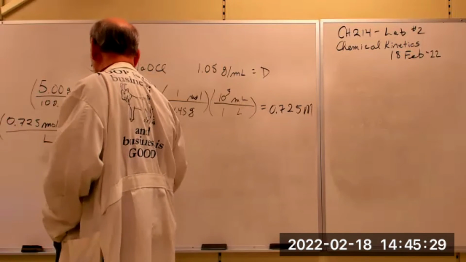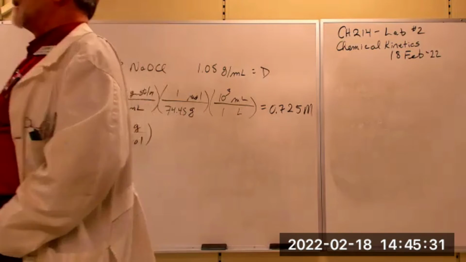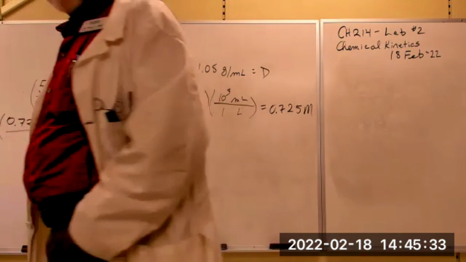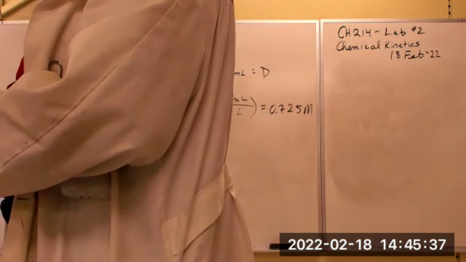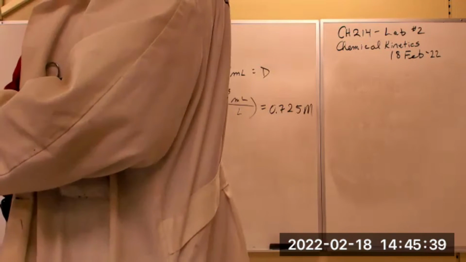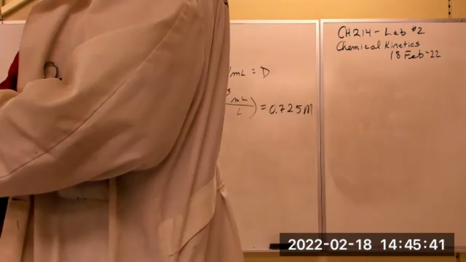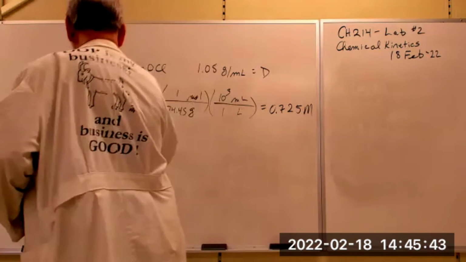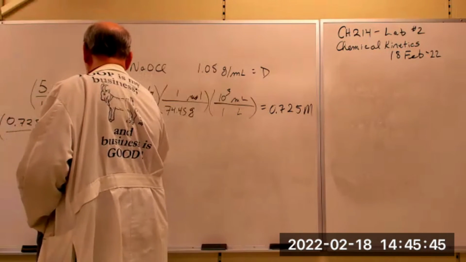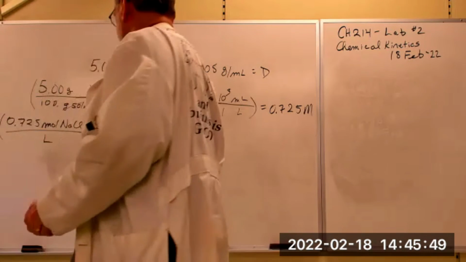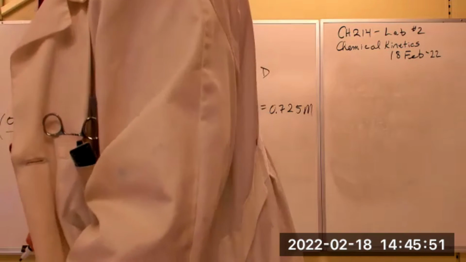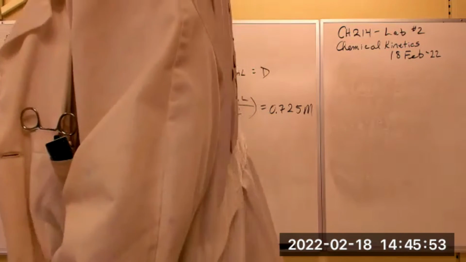So sodium chloride would be 23 plus 35.45, which is 58.45. Okay, let's see.